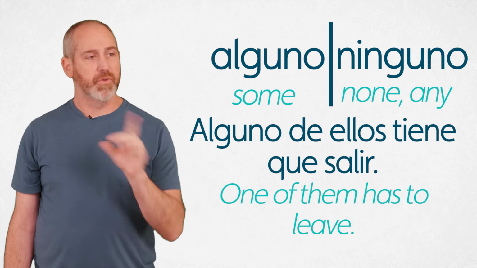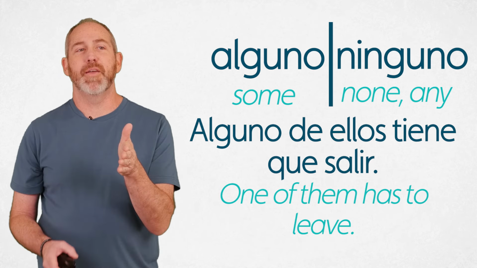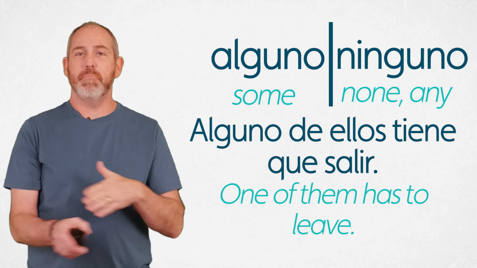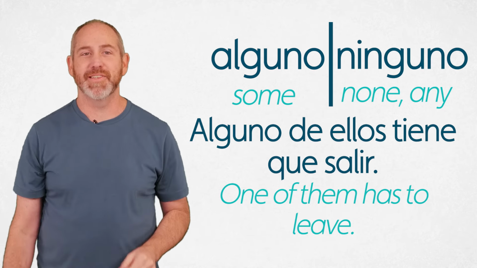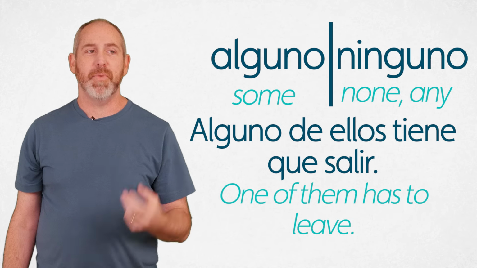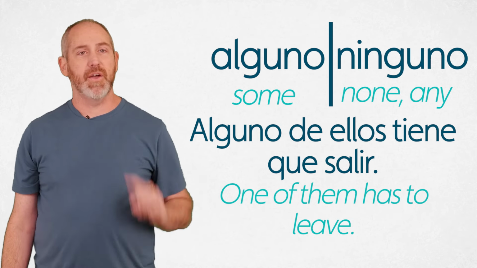Okay, so alguno de ellos tiene que salir. And I stumble over my words a little bit because it's not easy to translate back sometimes to English. You know, we have to pick the right words. But alguno, yeah, it means some, it can mean any, or some one of you in particular. So alguno de ellos tiene que salir.